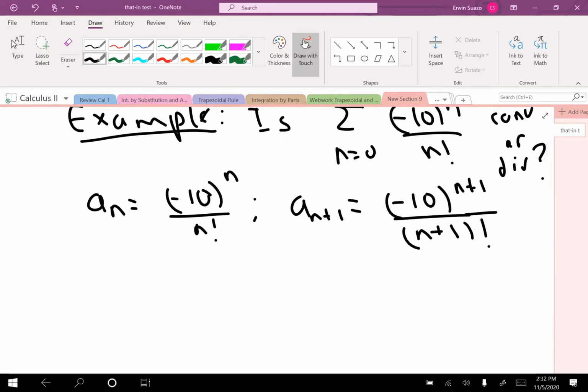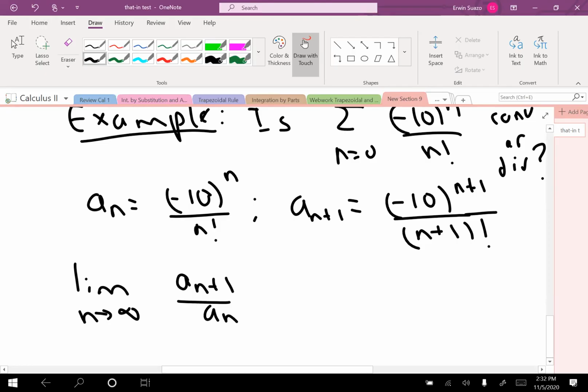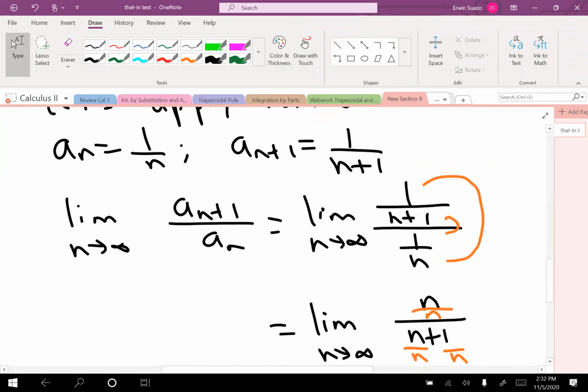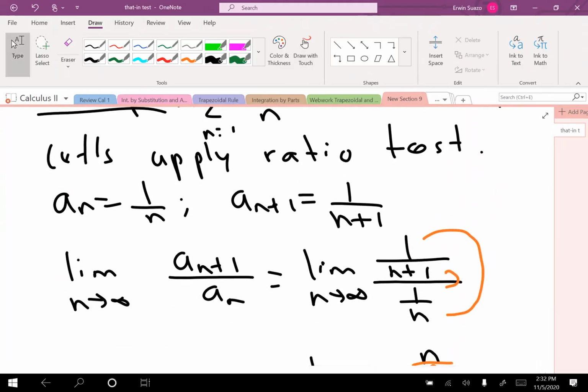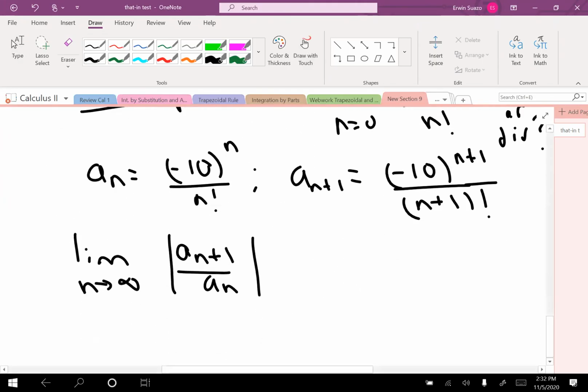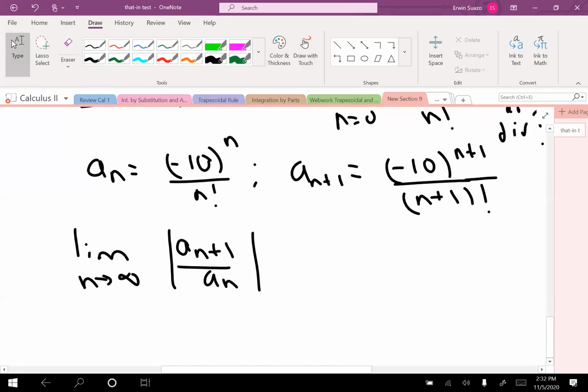So now I can do the limit as n goes to infinity of a_(n+1) divided by a_n. Actually, absolute value, right? I didn't put absolute value in the past because they were positive, but here, don't forget it because that's going to save us.